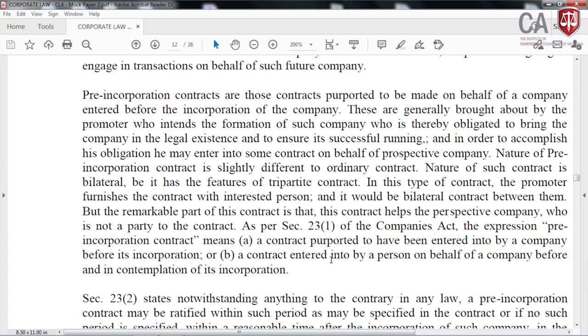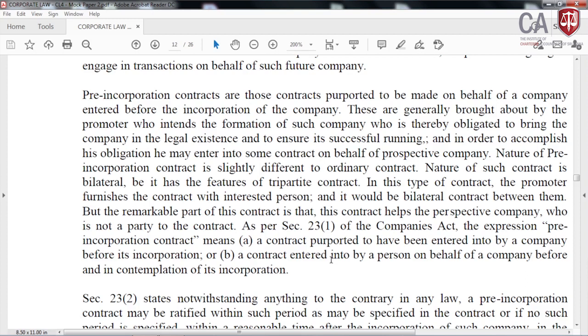The contract that he enters with a third party is not a contract that he enters for himself, but on behalf of a company, but however, that company still does not exist.